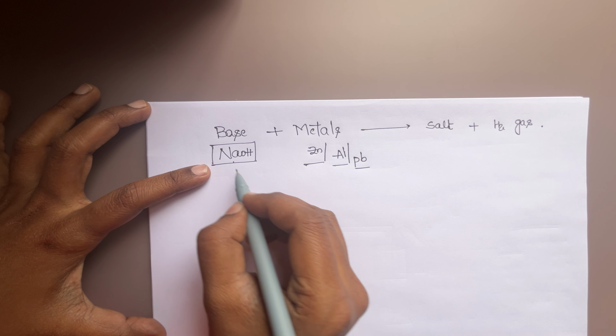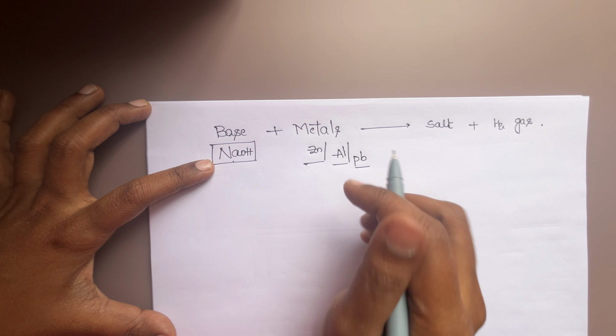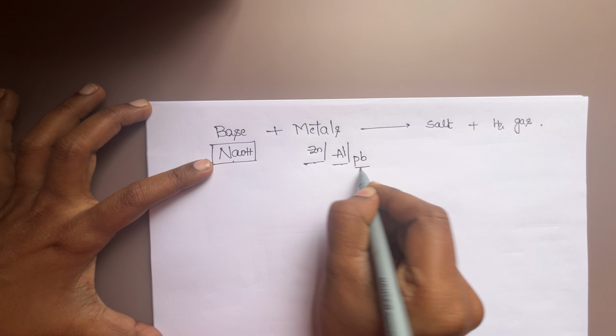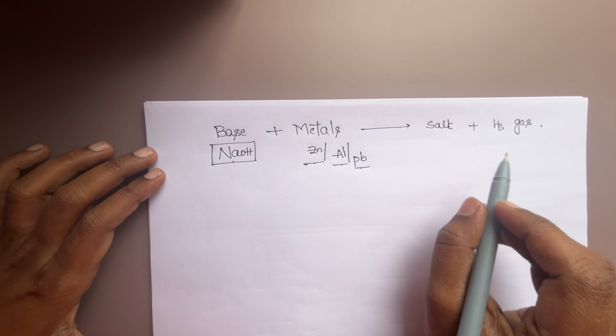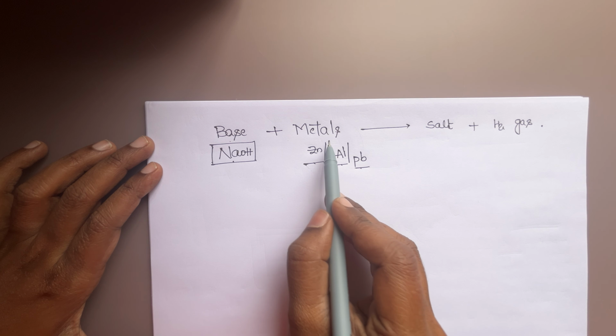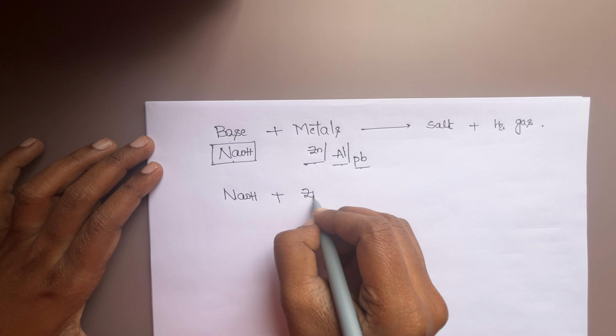Bases also give hydrogen gas, but all metals do not react with bases. Only metals like zinc, aluminum, lead. In examinations they will ask which of the following metals react with bases. Zinc, aluminum, lead, all of the above in that case. If only zinc is given, the remaining metals like copper and silver won't react. So how do bases react with metals? For example, I take sodium hydroxide and zinc.